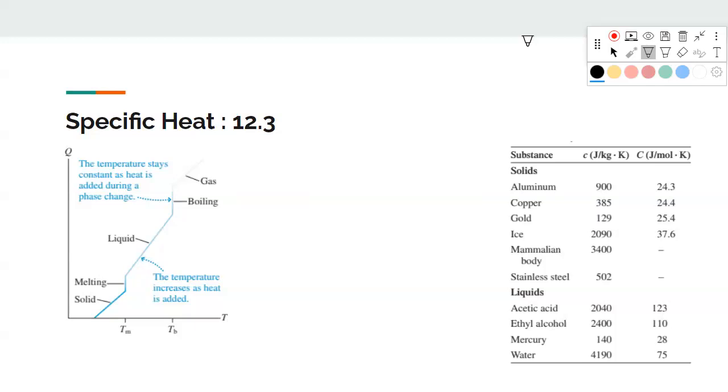specific heat, or your book calls it specific heat. The better name is specific heat capacity. It is a property of materials that gives us a way to finally relate heat and temperature. This was something I emphasized last week, that heat and temperature are different, right? Heat is an amount of energy that you're giving something based on a difference in temperatures.